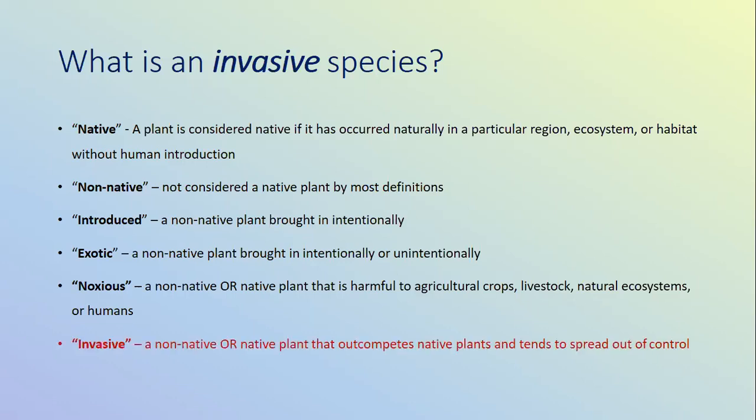And of course, finally, getting down to what an invasive species is: it's any non-native, or it can be a native, plant that outcompetes our native plants and tends to spread out of control. And the key there is that it's going to spread out of control. So our goal is to try to get management down to them and maintain these so that they don't get out of hand, because there certainly are consequences to that.